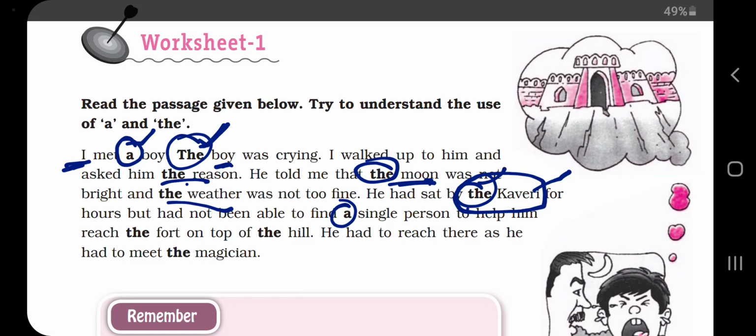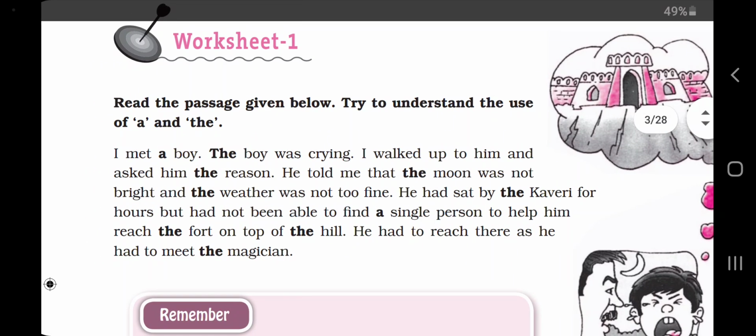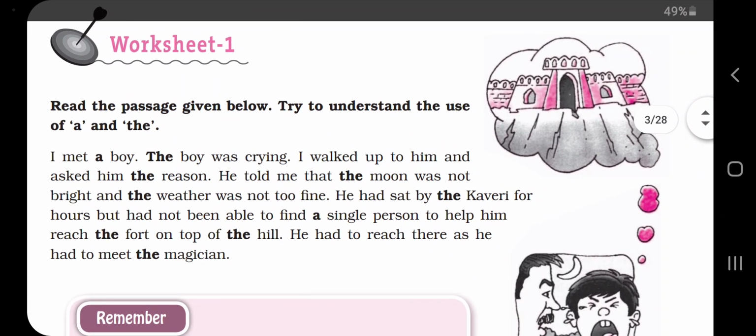Here the Kaveri indicates the river. He sat by the Kaveri means he was sitting by the river Kaveri, that's why the is written. If it is the name of a person, only Kaveri, but it is the name of a particular river, so it is the.